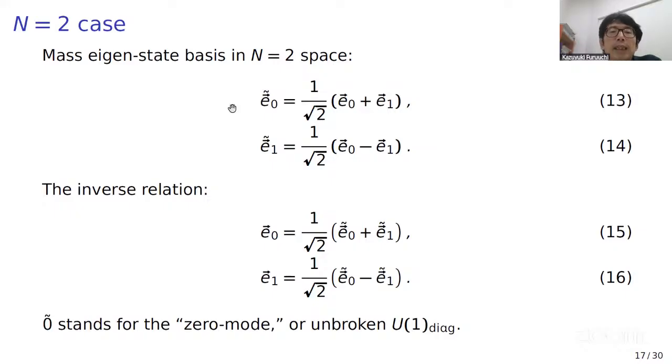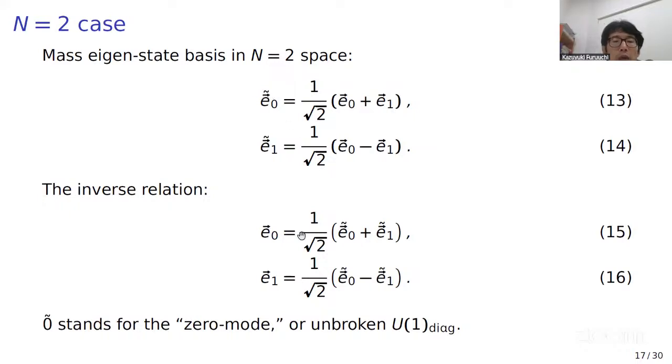The mass eigenstate is given by this diagonal, with equal weight added. This is the mass eigenstate direction in the gauge group space. The orthogonal one corresponds to the broken gauge group, and this one corresponds to the unbroken, diagonal gauge group.